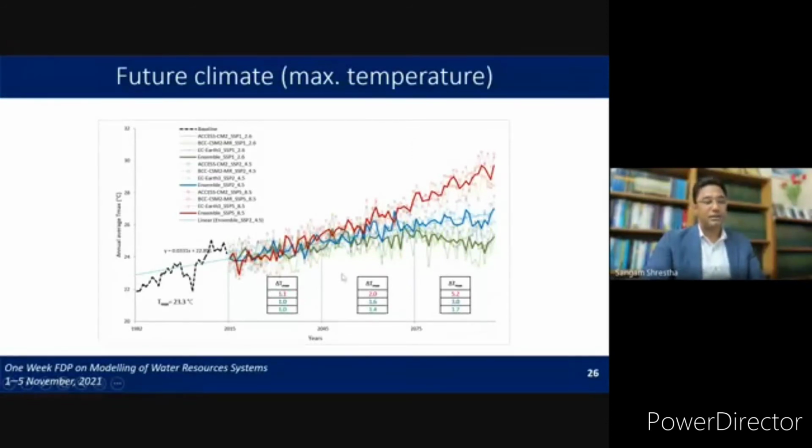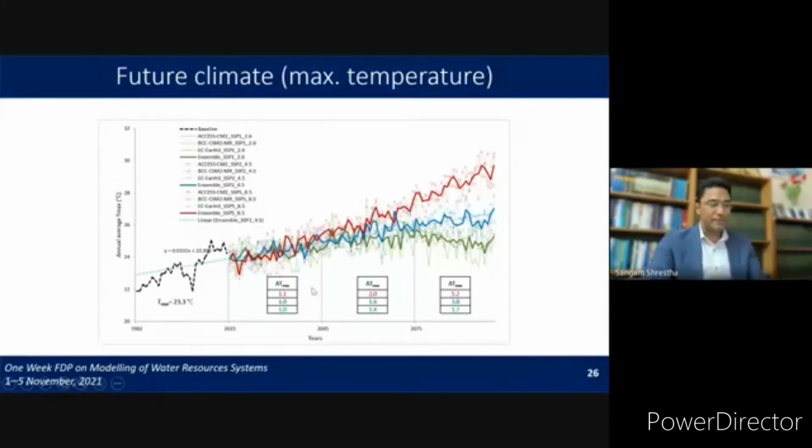Here in the table, I summarize the change in the average maximum temperature in these 3 different time periods. For example, by the end of this century, the average maximum temperature will increase by 5.2 degrees centigrade under the scenario of SSP5, whereas it will increase by 1.7 degrees centigrade under SSP1.